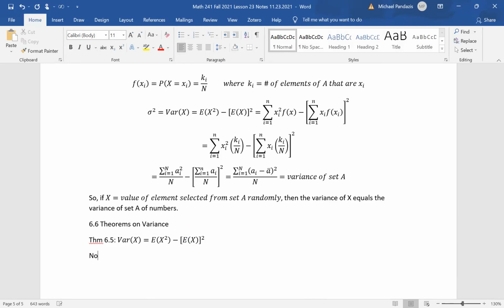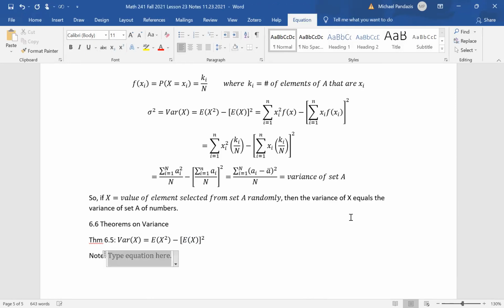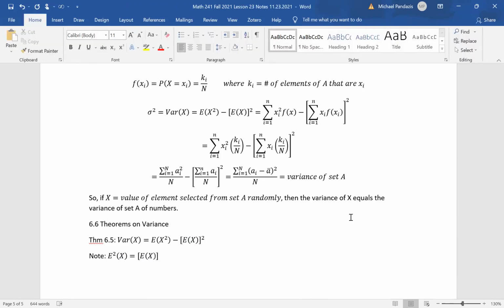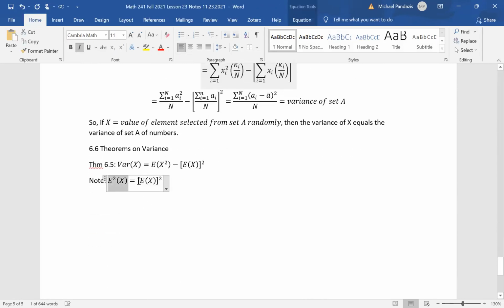Note that another way to write it: E squared of X is used to denote the square of E of X. So E squared written like this means squaring E of X.